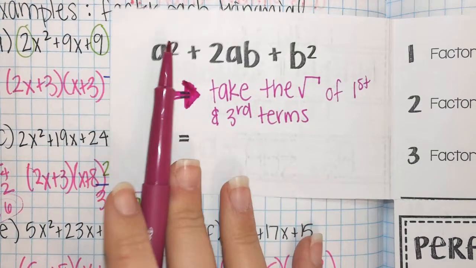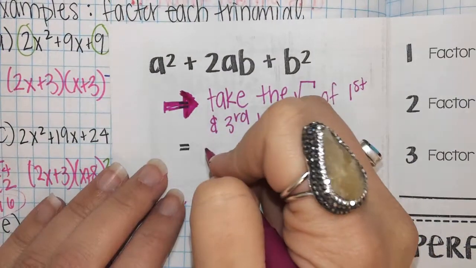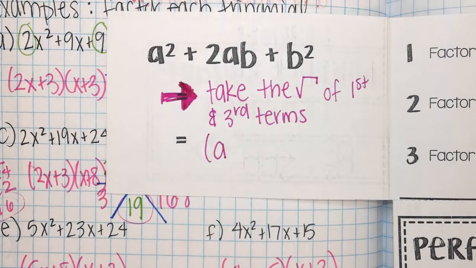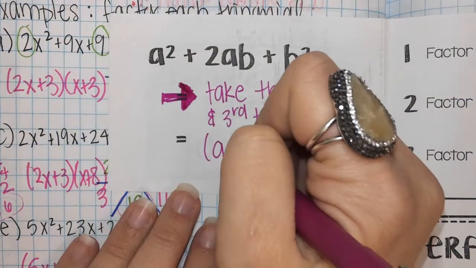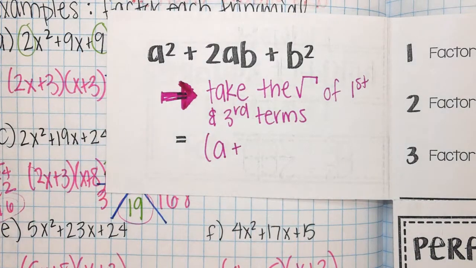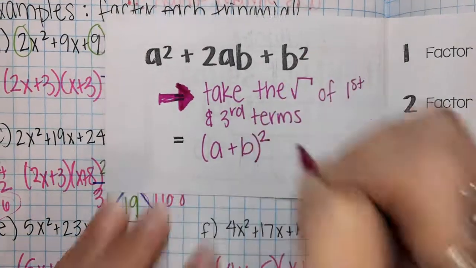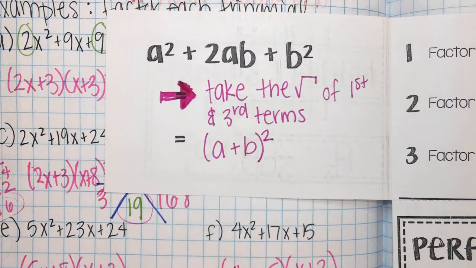Now, the square root of a squared is a. Do you see how we have two pluses? That means we're going to have a plus sign in between them. What's the square root of b squared? And then you write it squared. And that's it. That's all you do.